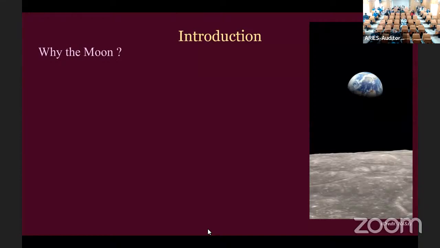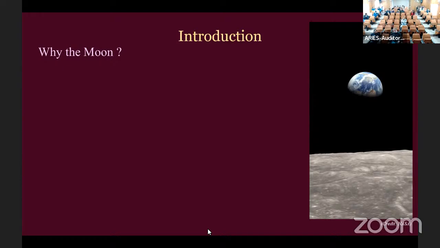One view is this one taken by Apollo 8, an image of the Earth taken from an orbiter around the moon. In fact, this was one of the first images which led humanity to understand that all of us are located on that blue planet.